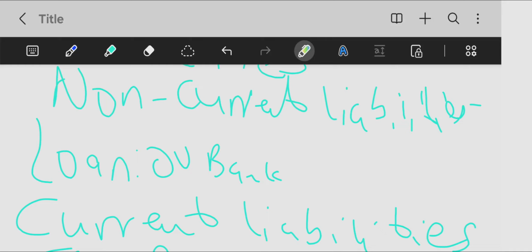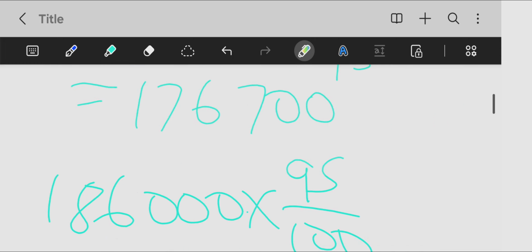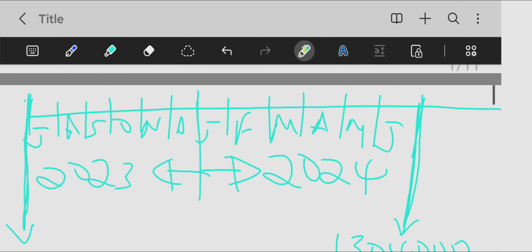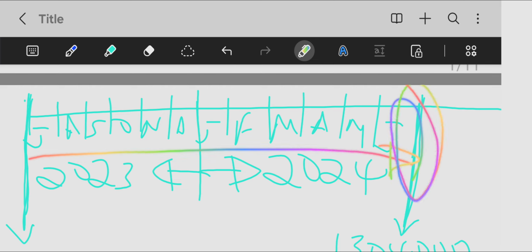Listen to me very carefully. The balances that we are reporting here in our balance sheet are the balances looking at the transactions that happened from July to June. And we report on the 30th of June.